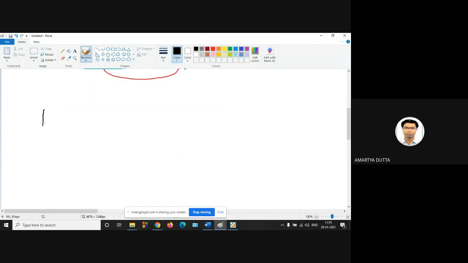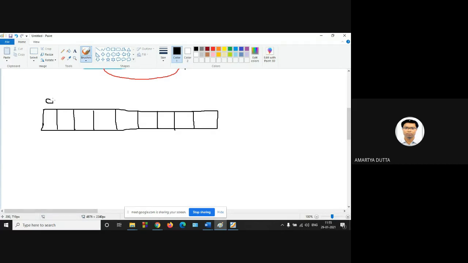So the hash table of size 10. So m is equal to 10.